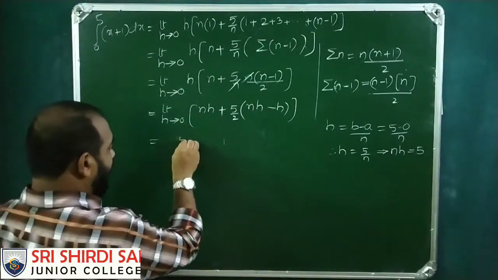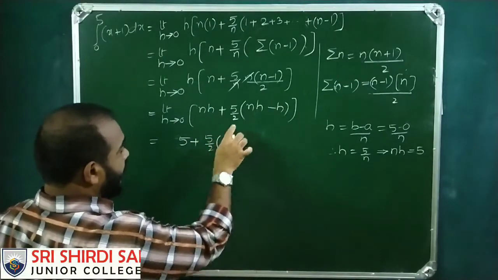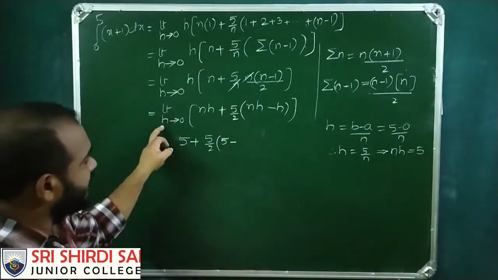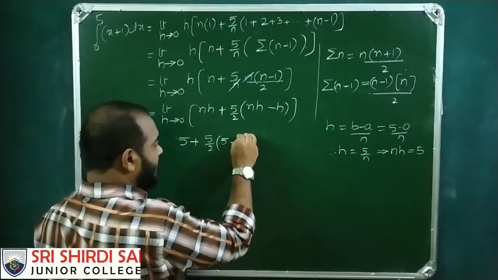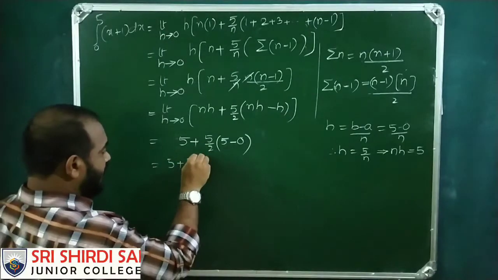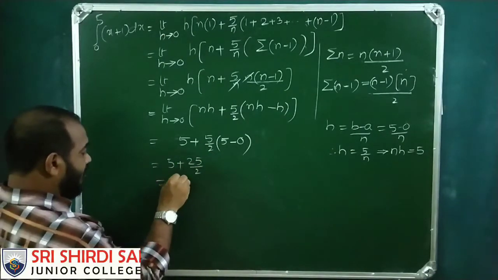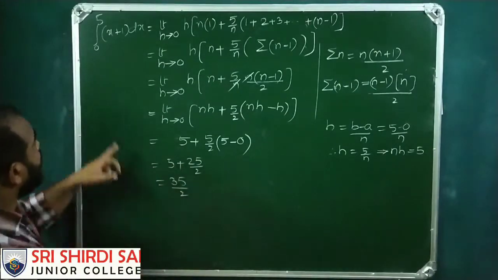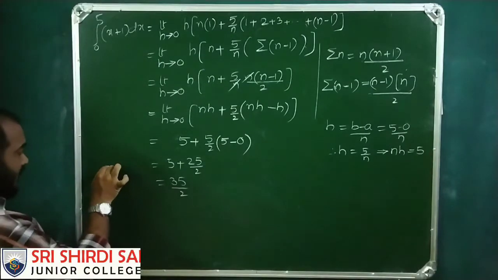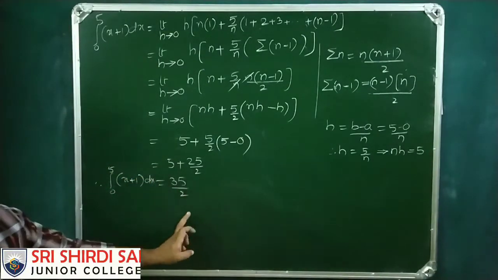So nh is 5 plus 5 by 2 into nh value 5, minus h, limit h tends to 0. So this h will be 0 here. So 5 plus 5 5s are 25 by 2. 2 5s are 10 plus 25, 35 by 2. So integral 0 to 5 of x plus 1 dx is equal to 35 by 2.